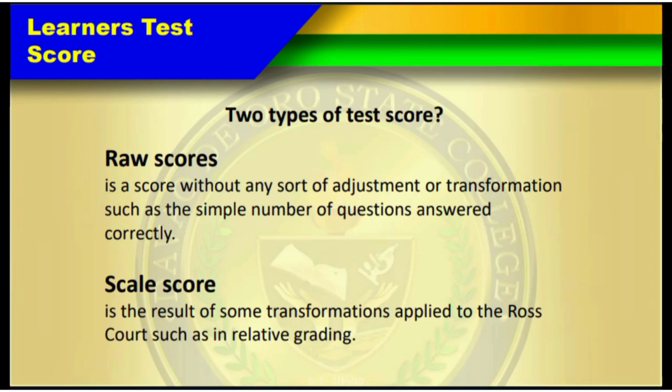The raw score is the straightforward count of correct answers without any adjustment. In this case, the raw score is 20, indicating the number of questions the student answered correctly.